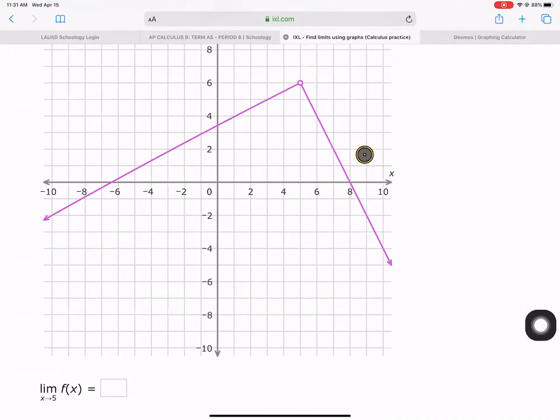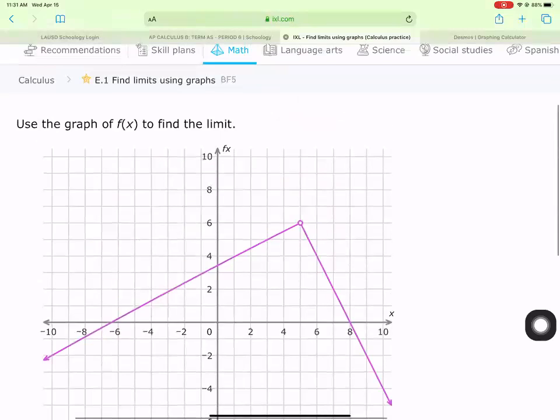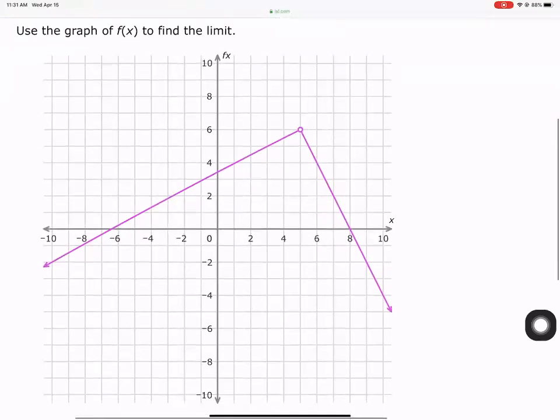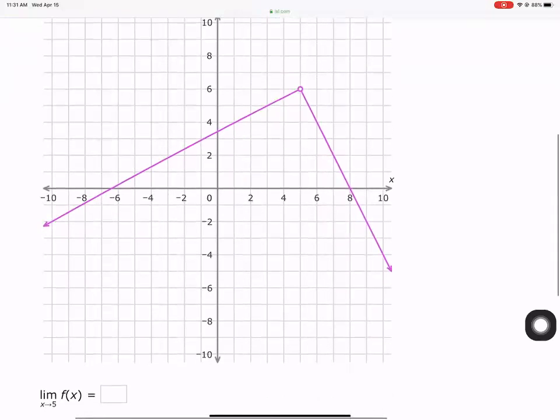On the right side, are we approaching the same number? Yeah. But is it really 6? If I write f of 5, is there even an answer there? It's a hole, so there is no answer there. But limits allow me to say, what should it have been? Well, it should have been 6.